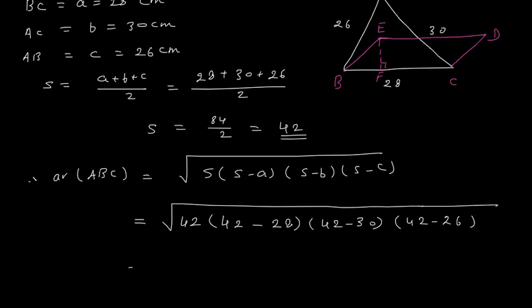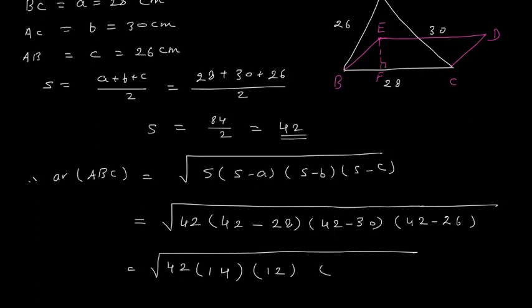So this will give me the answer as 42. Then 42 minus 28, so 12 minus 8, 4. 3 minus 2 is 1, so this is 14. This is 42 minus 30, so 12 again, and here 12 minus 6 is 6, 3 minus 2 is 1, 16.